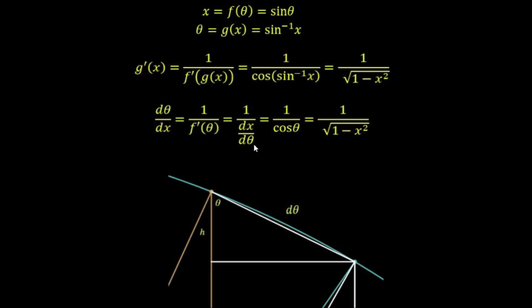That is, a small change in angle will give us a small change in x. But from our original diagram, this is at angle theta here. The dx is this height here, h, and we have our d theta. So the dx by d theta is nothing other than the cos of this angle theta. And that is 1 upon the root of 1 minus x squared.